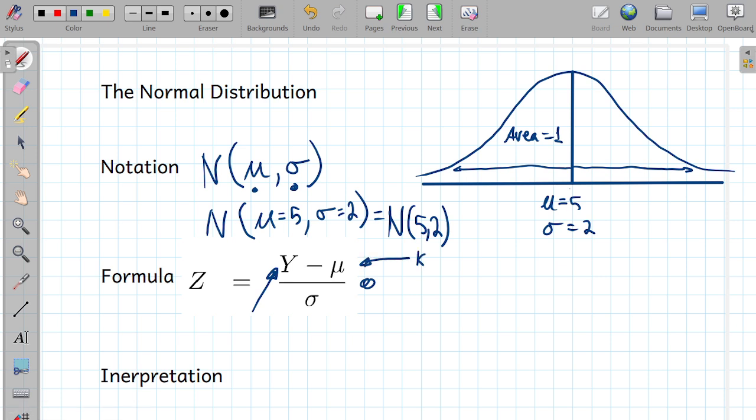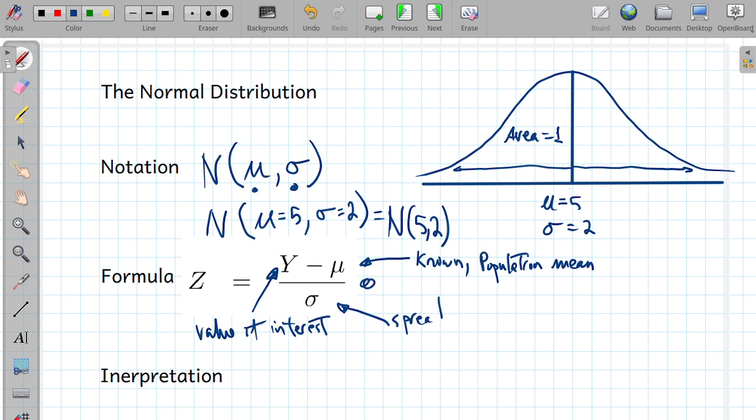This is known. This is also the population mean value. This is the value of interest. We want to compare the two. How do we do it? We subtract one from the other. And this is the spread.